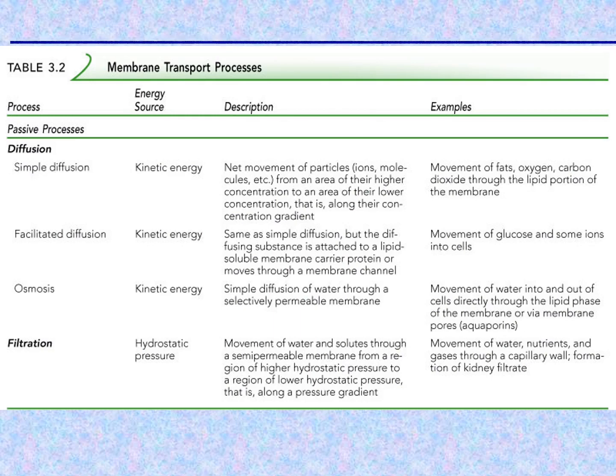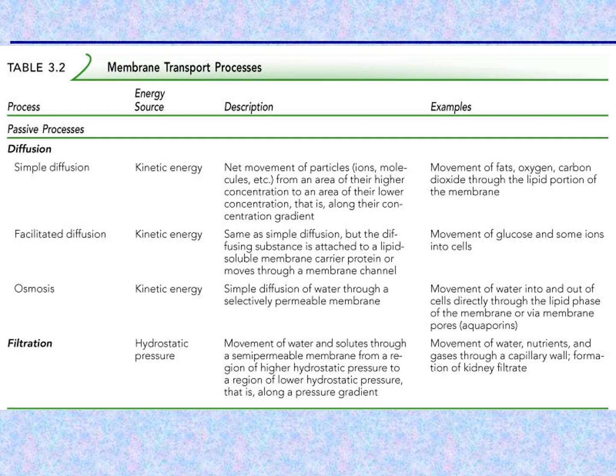Simple diffusion, facilitated diffusion, and osmosis are all passive transport mechanisms that do not require energy. The movement is strictly due to differences in concentration on one side of the membrane versus another. That's called a concentration gradient. For some molecules, they will be able to move simply by diffusing across, simple diffusion.